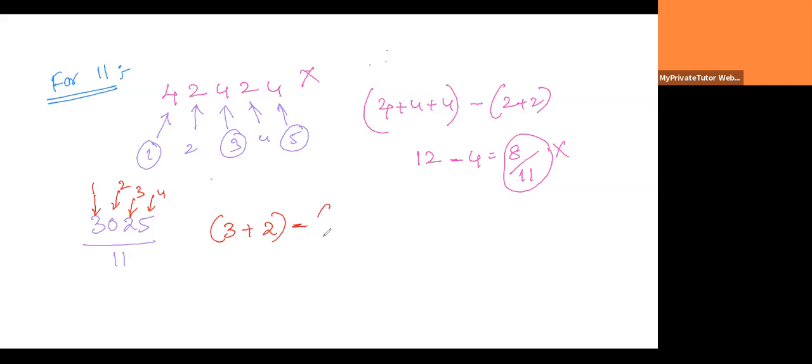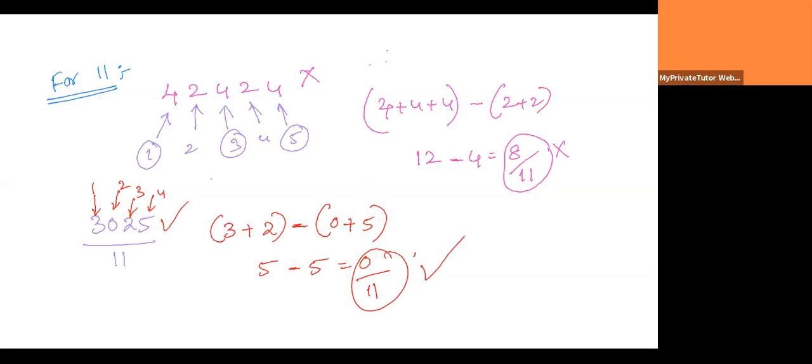Then we are going to add the second digit and the fourth digit. And then we are going to subtract. So 3 plus 2 is 5, minus 5, which is 0. Everyone knows that 0 is divisible by 11. So the given number 3025 is divisible by 11.